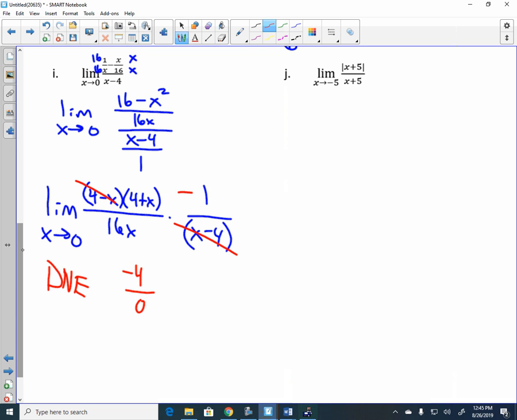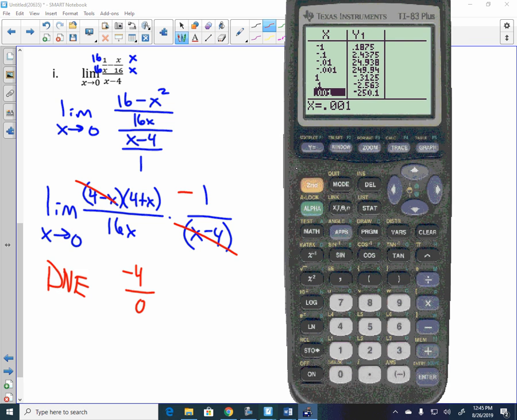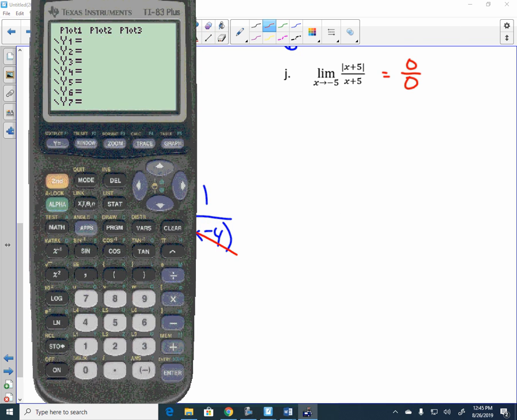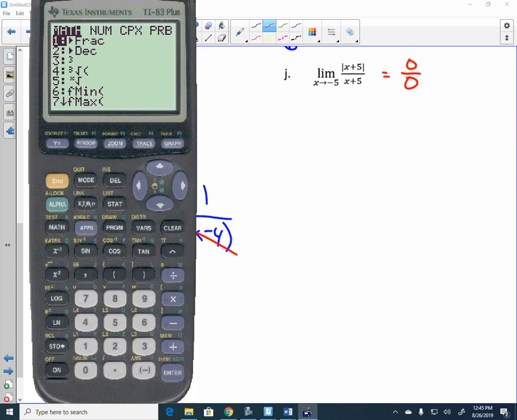The last one, limit as x goes to negative 5 of the absolute value of x plus 5 over x plus 5. If you plug in negative 5, what do you get? 0 over 0. Again, there's no way for us to really simplify that absolute value. If you were to check the graph, your absolute value is located in your math section under numbers.